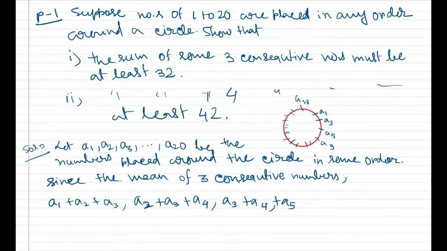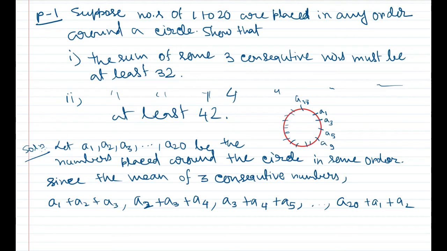Okay, so consecutive means A1, A2, A3 are consecutive numbers. A2, A3, A4 are consecutive numbers. Okay, so up to A20 plus A1 plus A2, because they are placed on a circle.